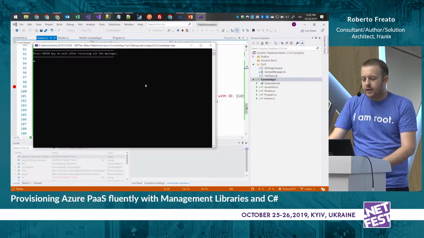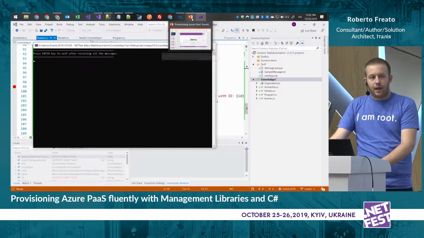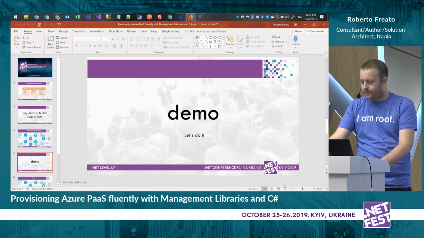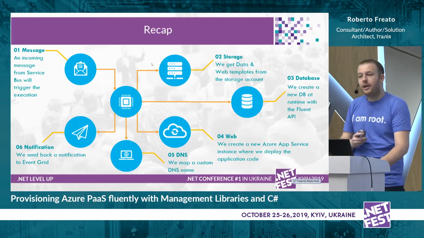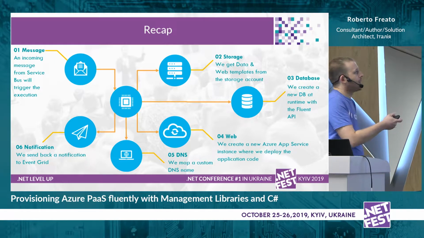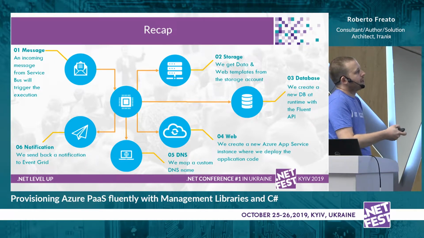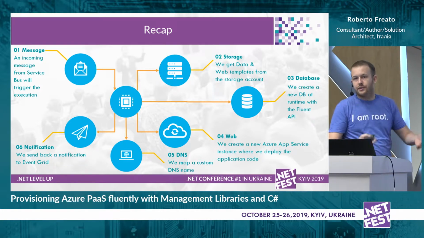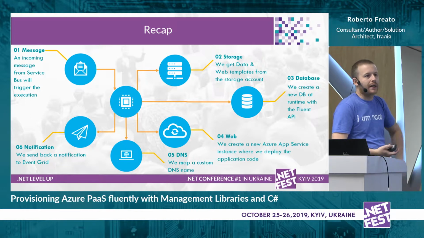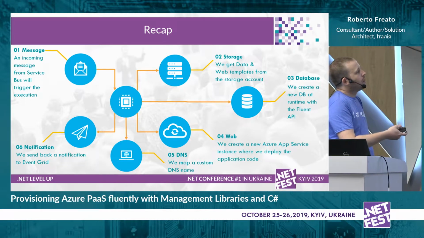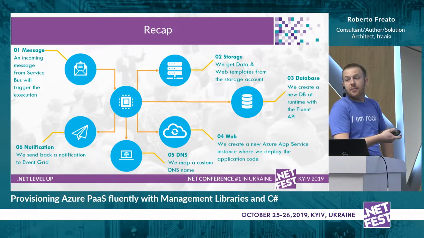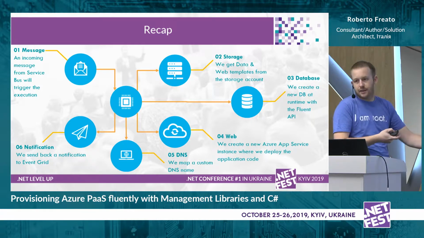So let's do a recap. In the meantime, we have an incoming notification here. We parse the message to the root object, request ID and tenant name. It's just to have a reference back, to notify back the event grid. We get from the storage the database image, and we restore it into a newly created database inside an existing pool.